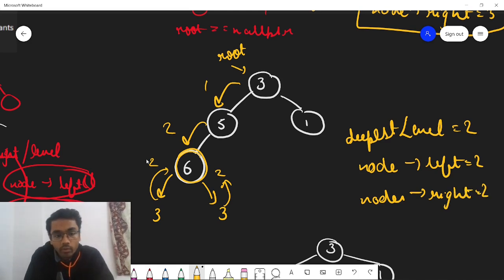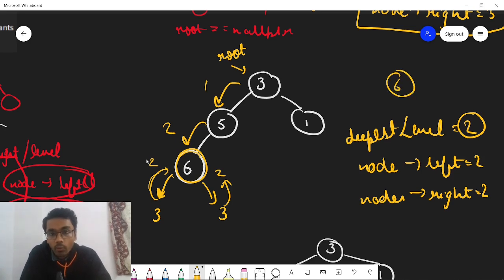You can see the node's right has the value 3, but we return 2 because logically there is no node, so we won't return level 3, we will return level 2 only. So the node's left returned me 2 and the node's right returned me 2, and 2 is the deepest level also. So this 6 could possibly be the answer, so we would be returning 6.